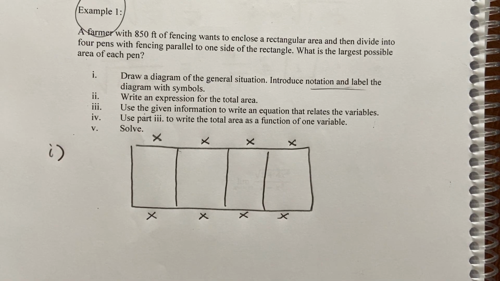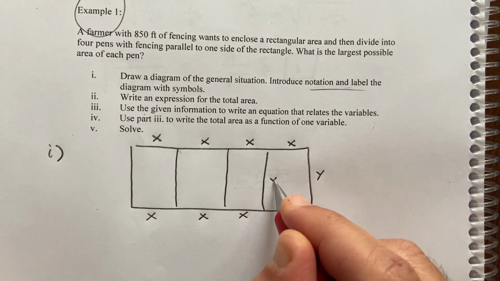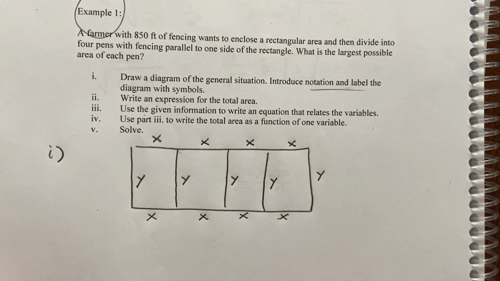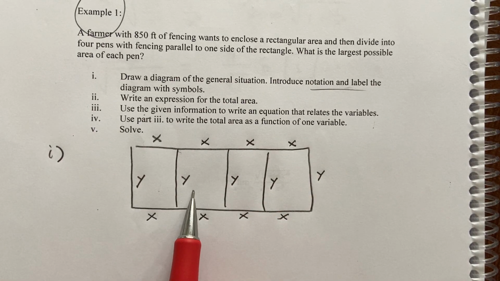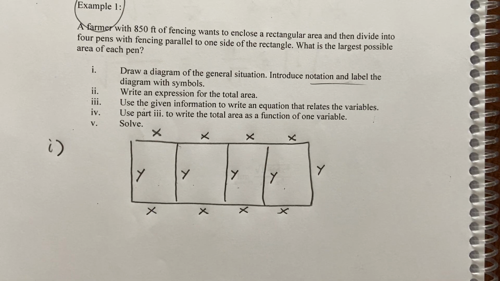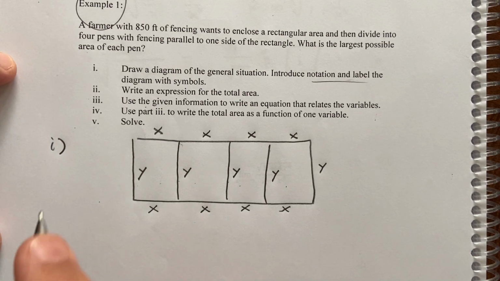And then I'll go ahead and call these vertical lengths of the pen, I'll call those Y. So in actuality, to make 4 pens, 1, 2, 3, 4, I actually need 5 verticals, right, to separate them. So this is what part 1 was describing, just a general setup.